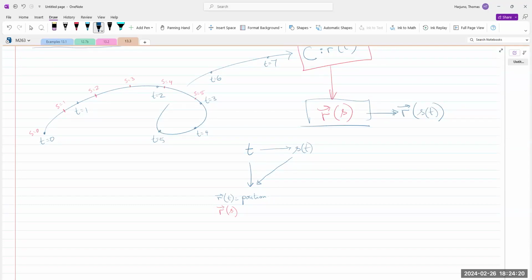This is the position at time t. Okay, this is the position after traveling distance s.